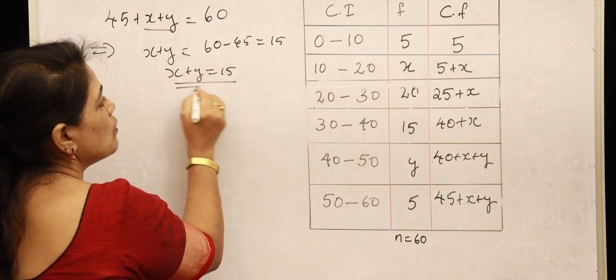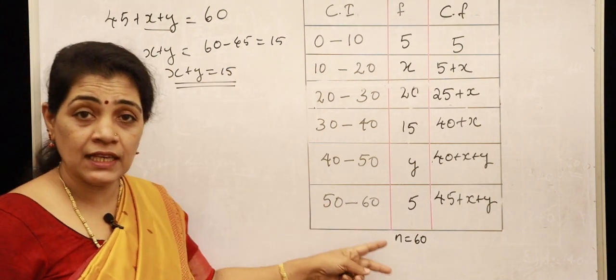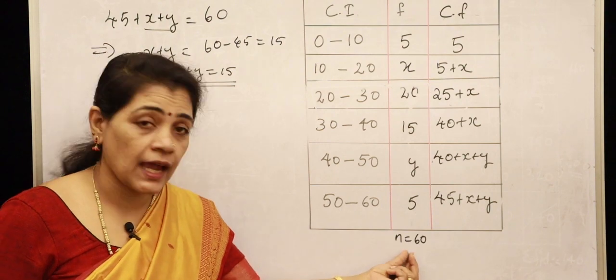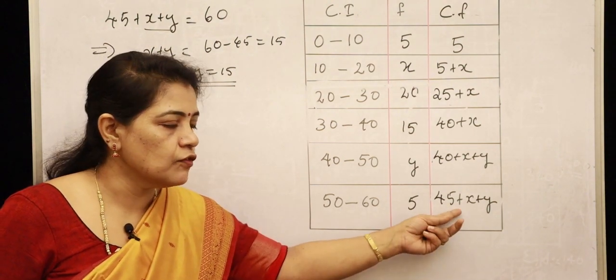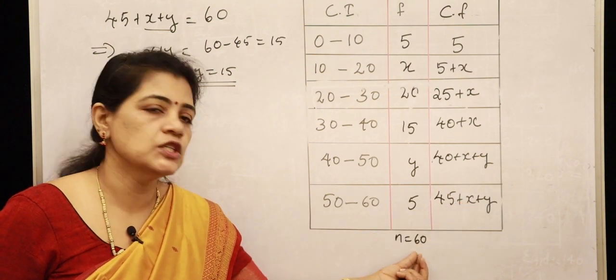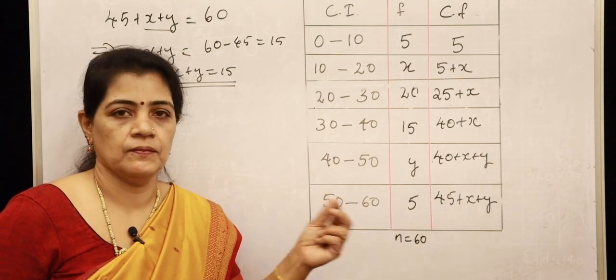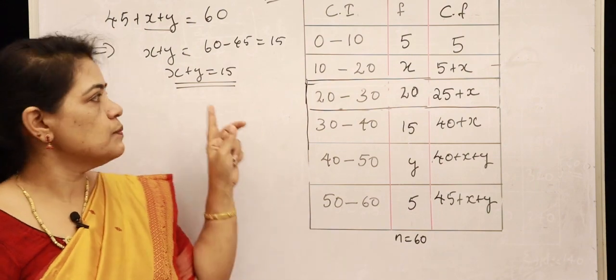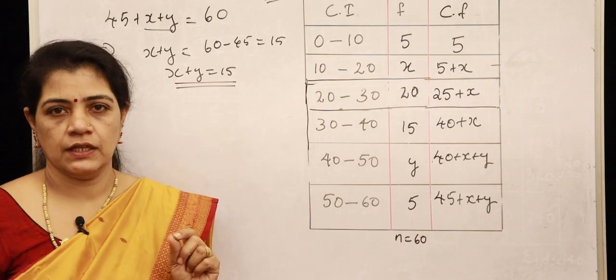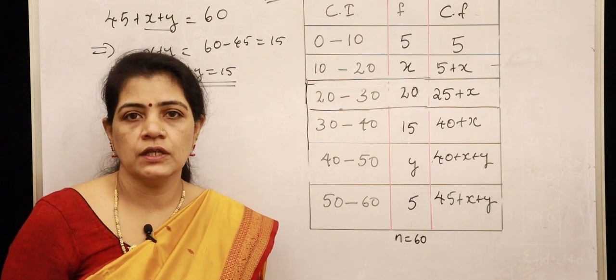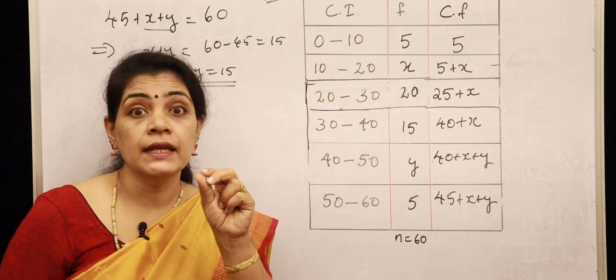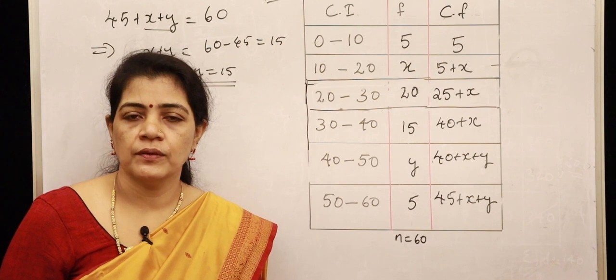This is a very important equation that you can easily get from the idea of the sum of the frequencies. That is, 45 plus x plus y can be equated to 60, which is given in the question. So we have x plus y is equal to 15. Okay, in the same way we can form another equation with the given median equal to 28.5.